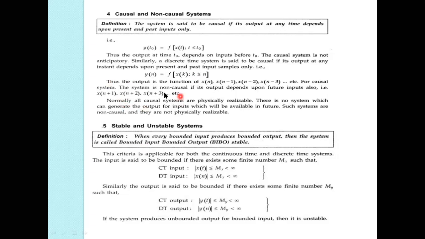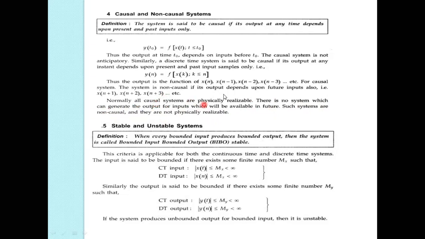Normally, all causal systems are physically realizable. There is no system which can generate the output for inputs which will be available in future. Such systems are non-causal and they are not physically realizable.